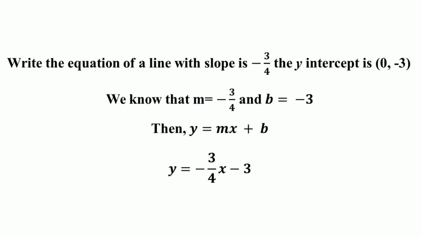So in this case, you can directly substitute in the linear function y equal to mx plus b. Here m is already given and also the value of the y-intercept b. By substituting these values, the equation becomes y equal to minus 3 by 4 x plus b, where b is equal to minus 3. So y is equal to minus 3 by 4 x minus 3.